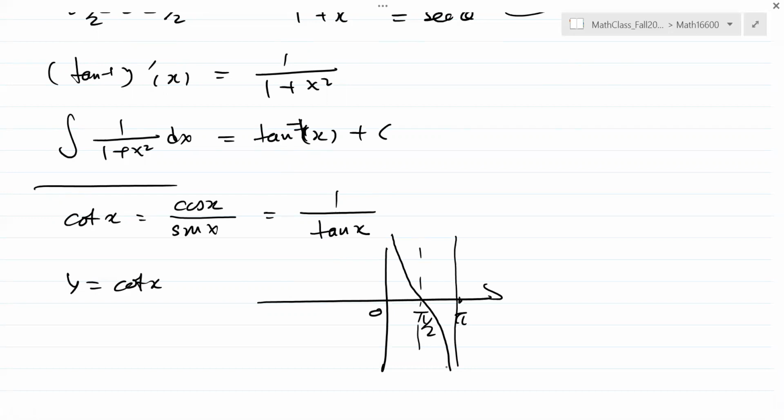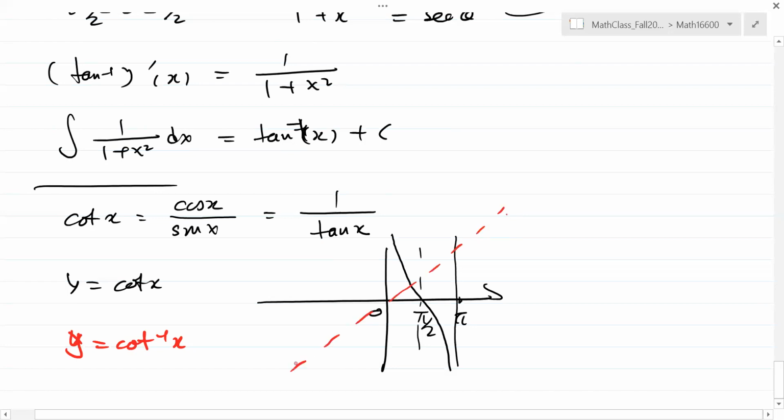So if you draw the graph for cotangent x, you have to draw it in a different way. As this point goes to here, it's flipped over.